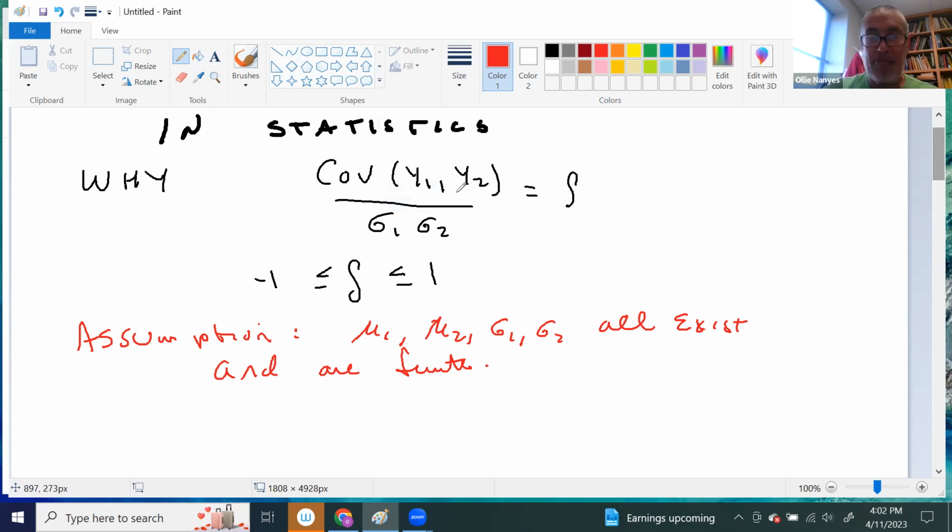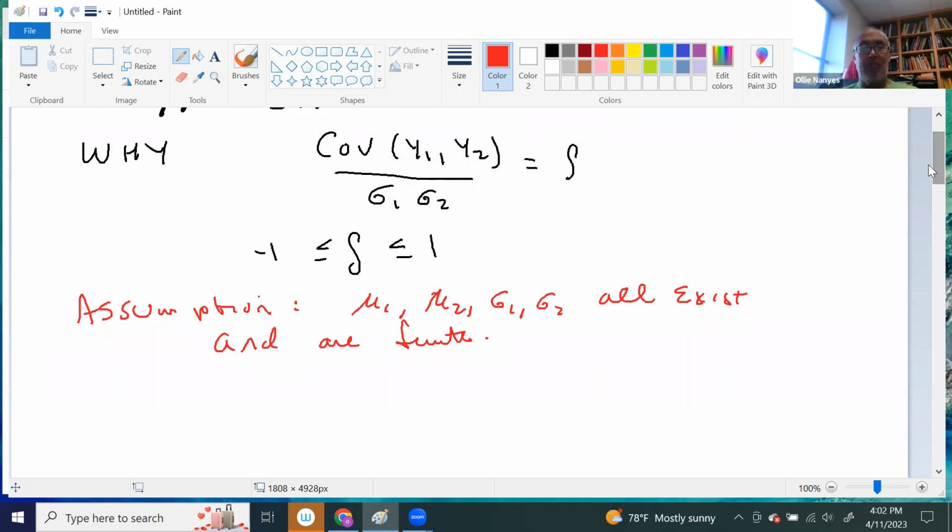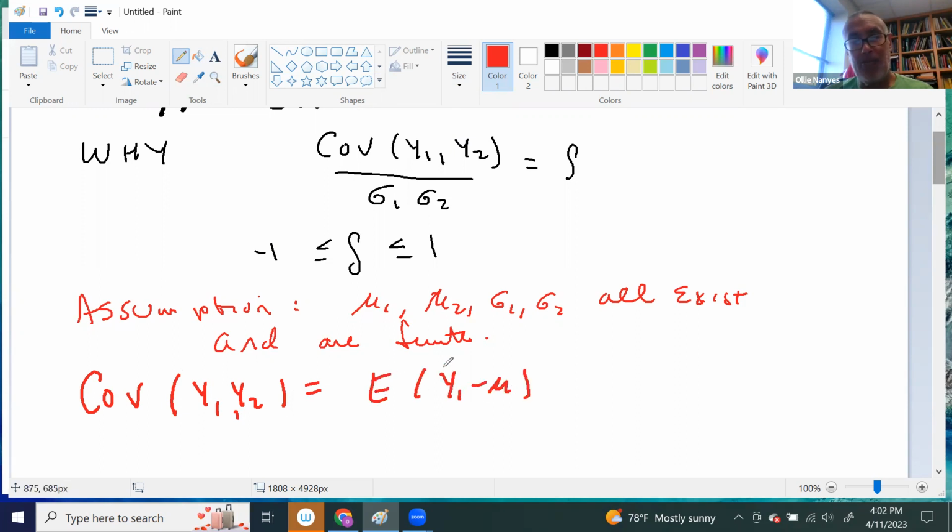So the way we do this is, first of all, I should remind you of a couple of things. Remember that the covariance of two random variables is defined to be the expectation of the product of y1 minus mu1 and y2 minus mu2.